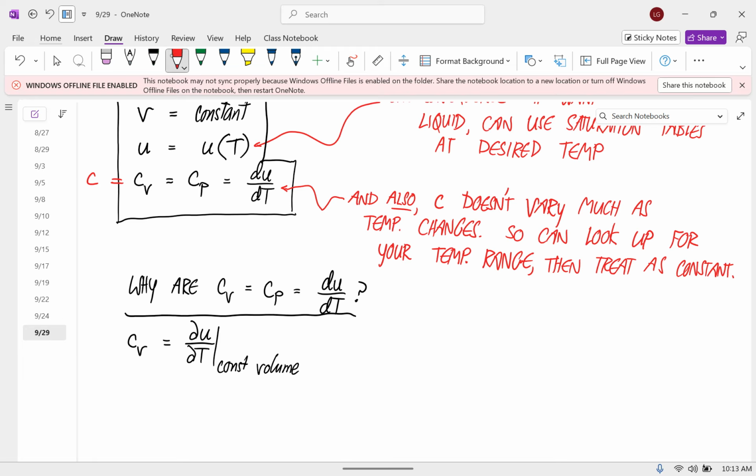Well, there's two things that you notice. The first one is for an incompressible material, volume is always constant.